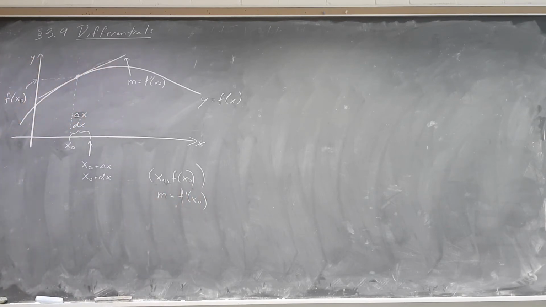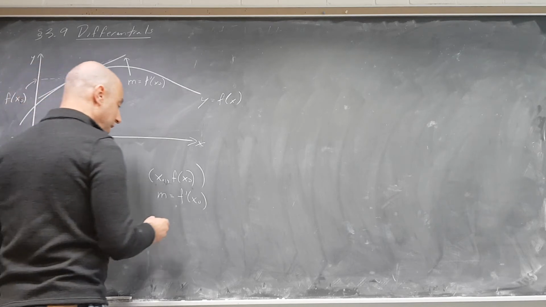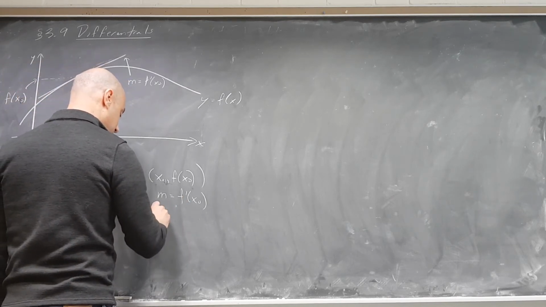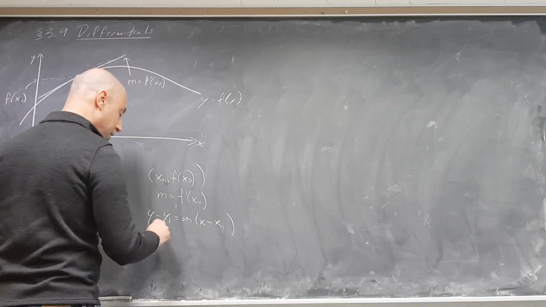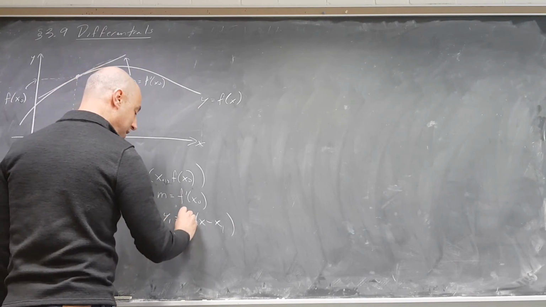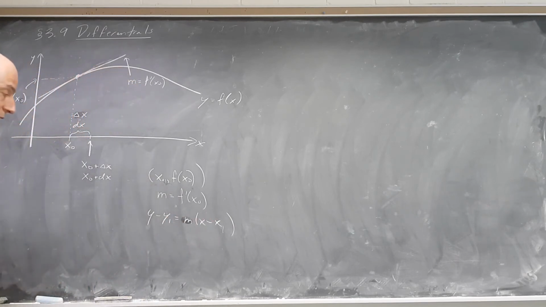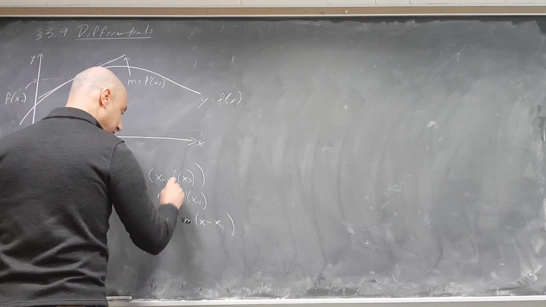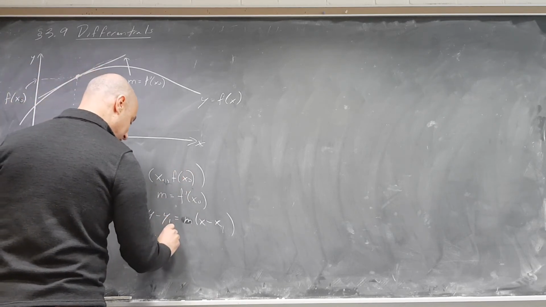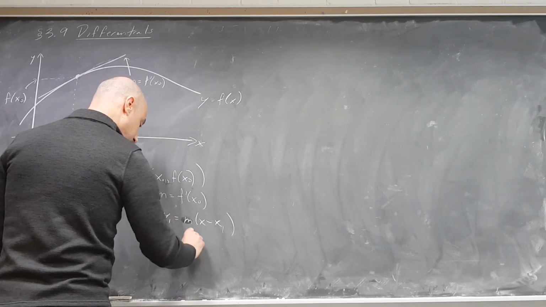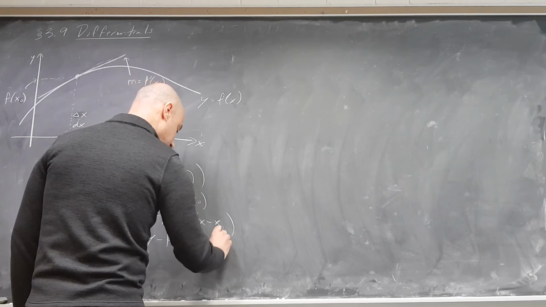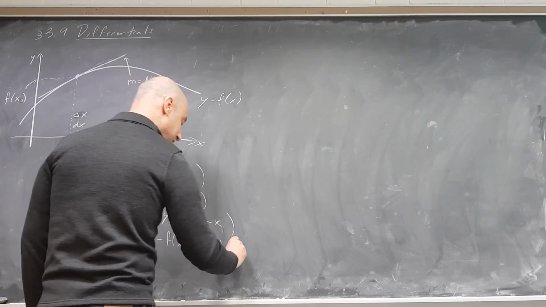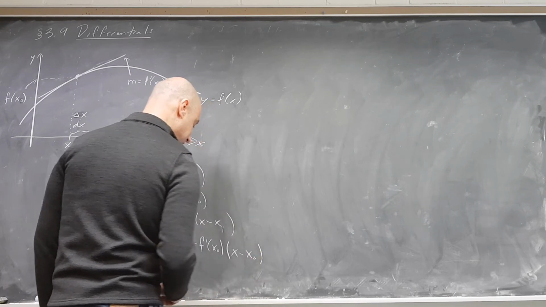And you can use any old formula. You can use the formula, say, y minus y1 equals m times x minus x1, to get the equation of the line. So y minus y1 is f of x naught, equals m, which is f prime of x naught, times x minus x naught.